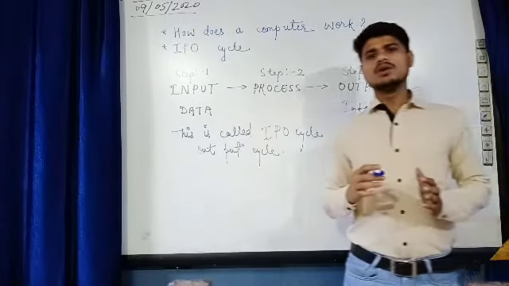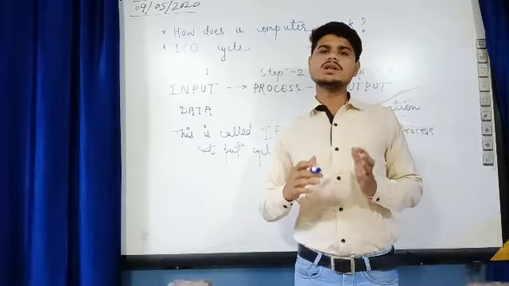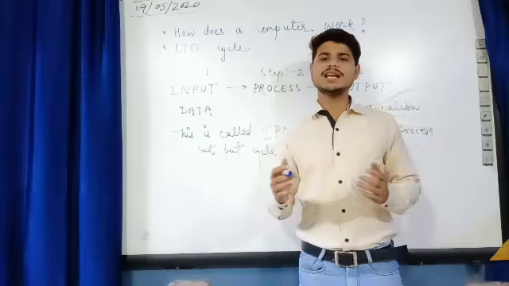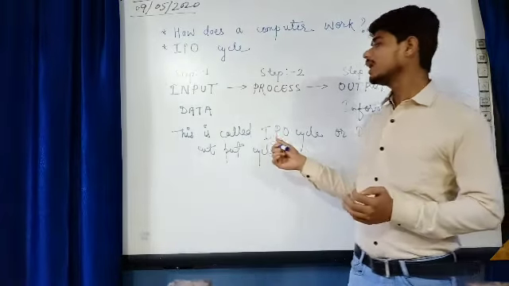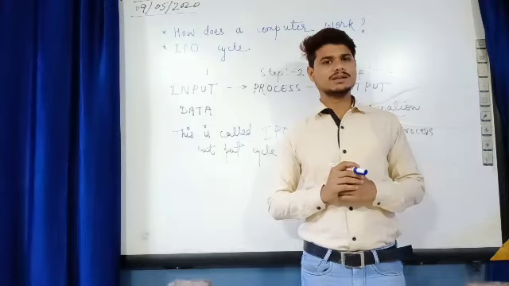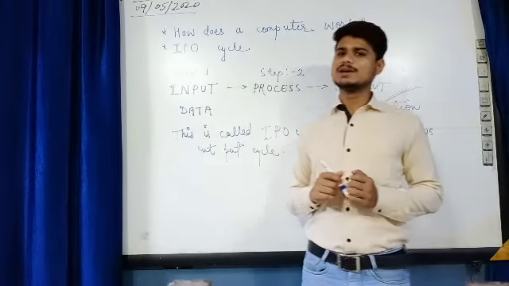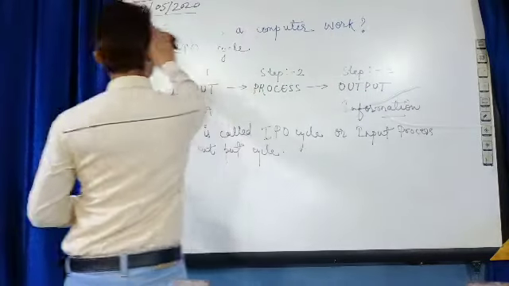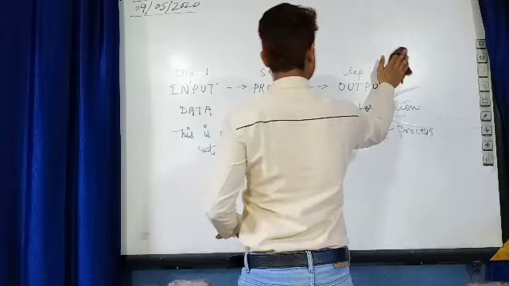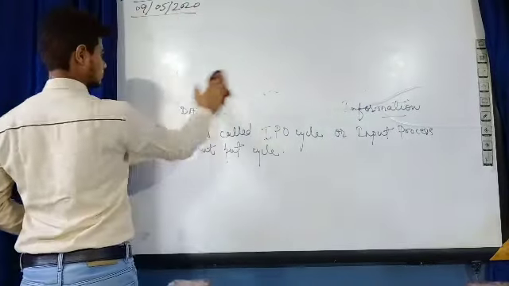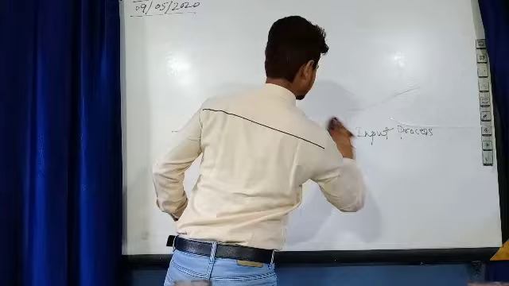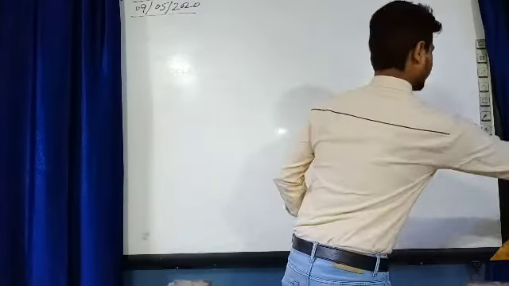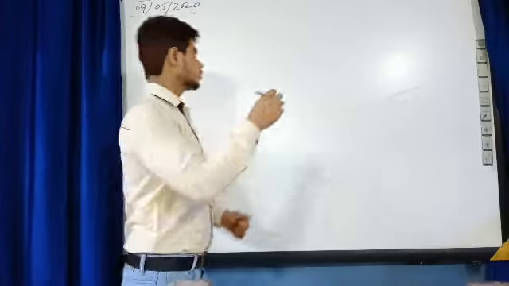So students, now we will use some common examples from our daily life to understand the input, process, output cycle. The first example is making orange juice.